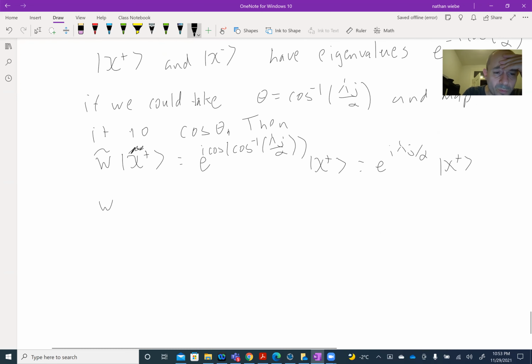Cool. Well, if we also were able to do this to chi minus, then we end up seeing that this is e to the i cosine of minus arc cosine of lambda j over alpha, chi minus.